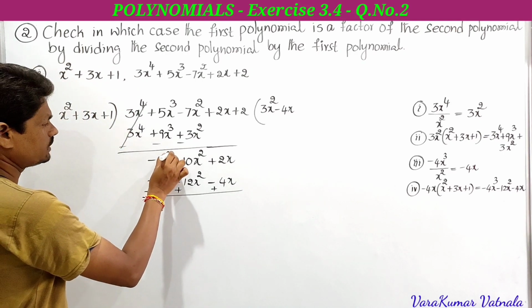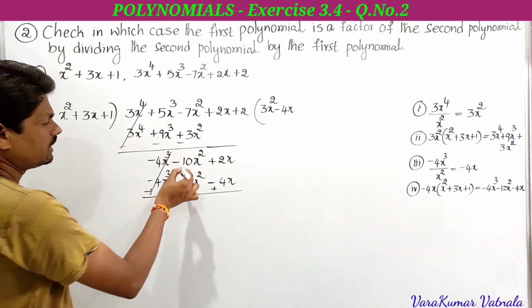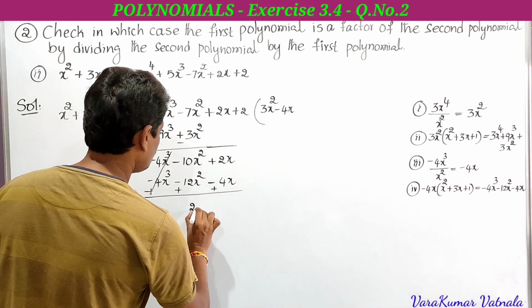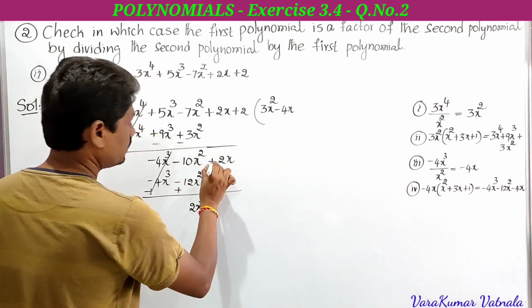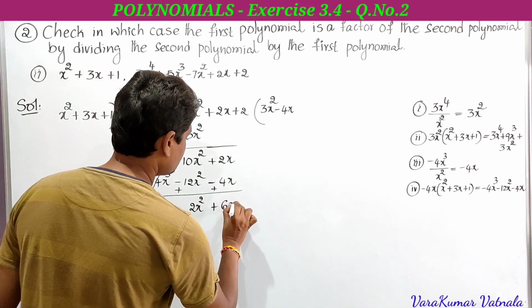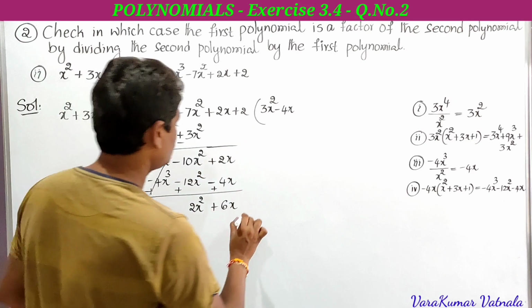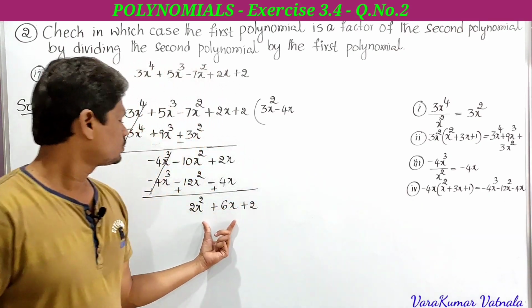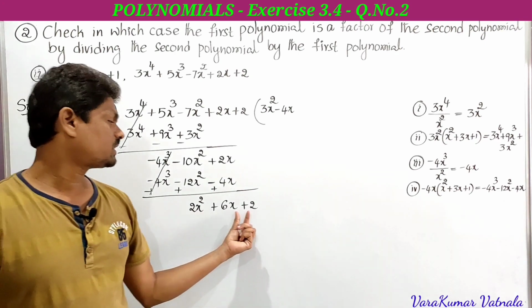Minus 4x cube plus 4x cube gets cancelled. Minus 10x square plus 12x square, we get 2x square. Plus 2x plus 4x becomes plus 6x. Next take plus 2. So now 2x square plus 6x plus 2.